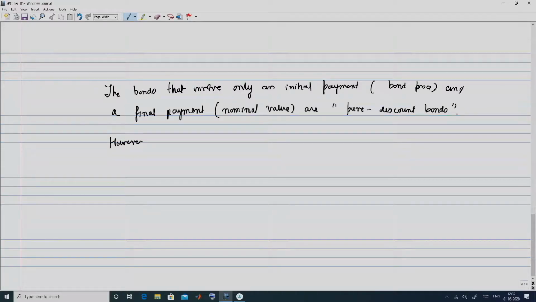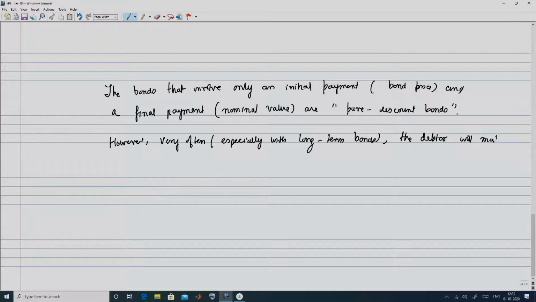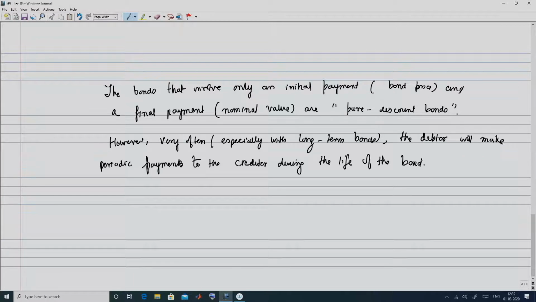However, very often, and this is especially true with long term bonds, the debtor, that means the party which has issued the bond, will make periodic payments to the creditor during the life of the bond.